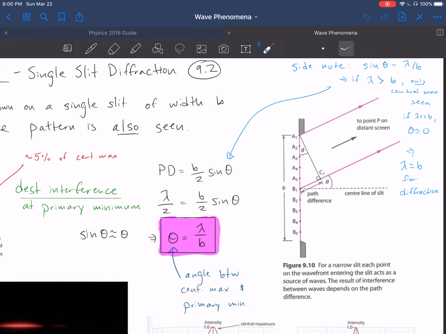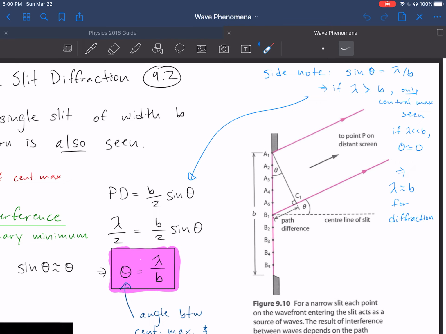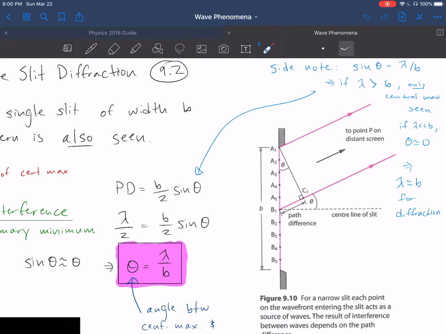One final note, which is that this derivation allows us to explain something that you have memorized and stated, but we have not explained, which is that in order to see diffractive effects, you need to have a wavelength roughly the size of the slit width.